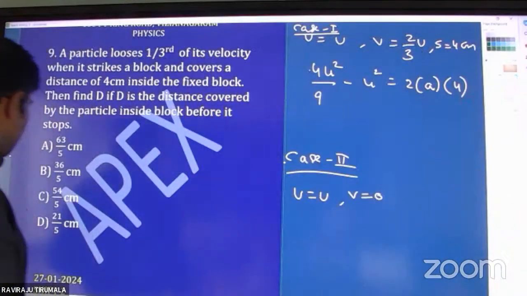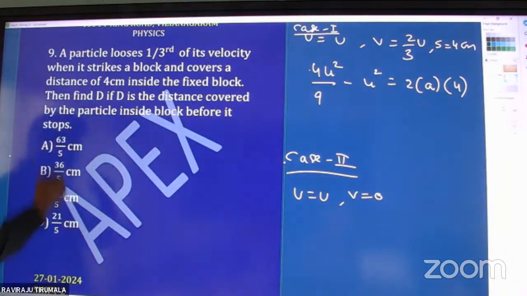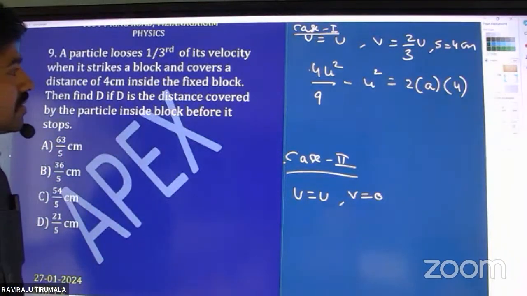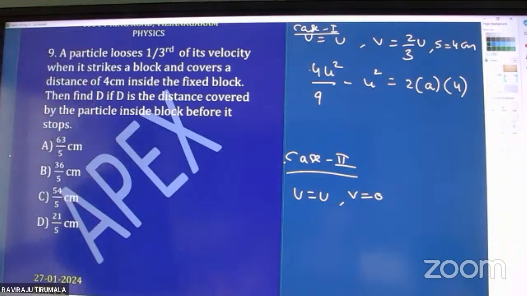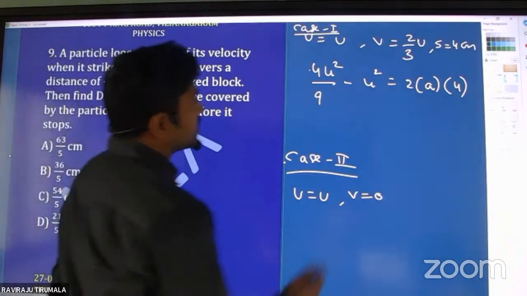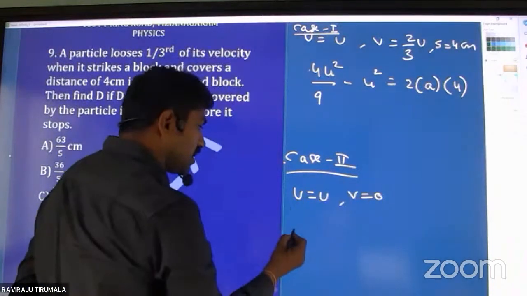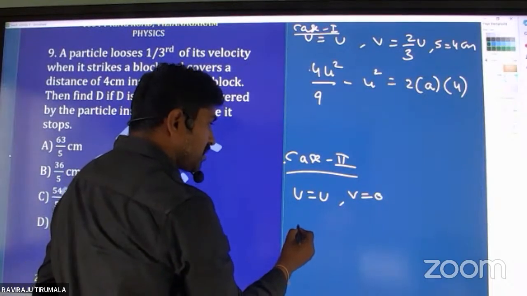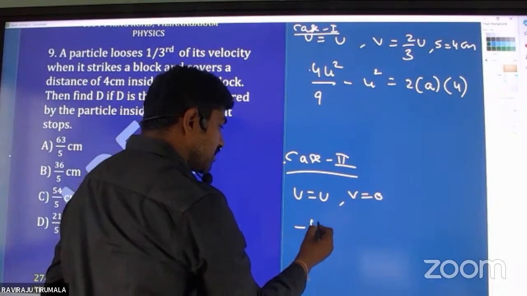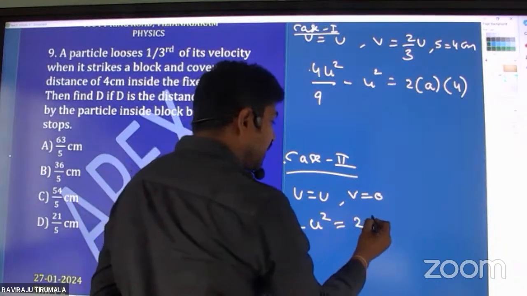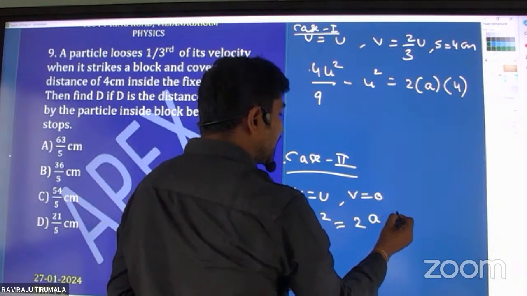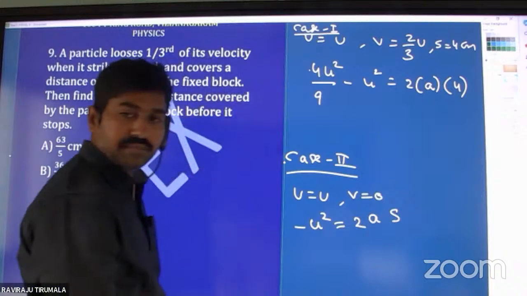You can just write in centimeters because the answer is also given in centimeters. Next, here the equation v square minus u square: 0 minus u square equal to 2 into a into s, the value you have to find out.